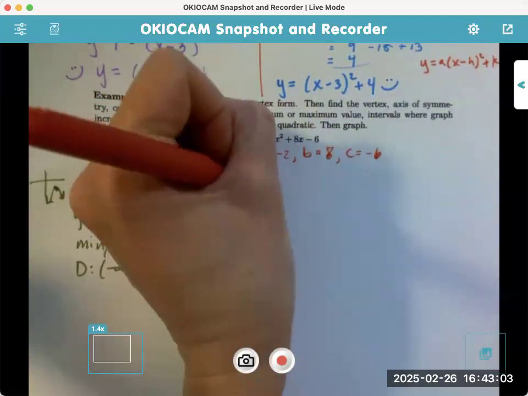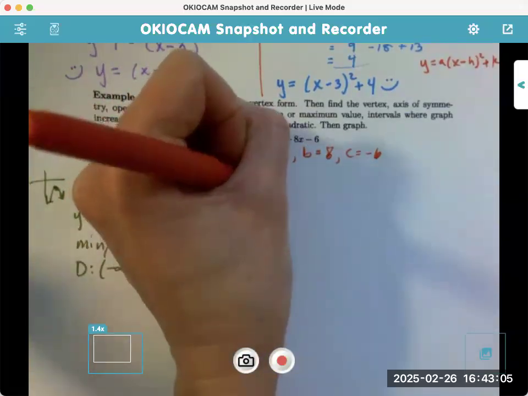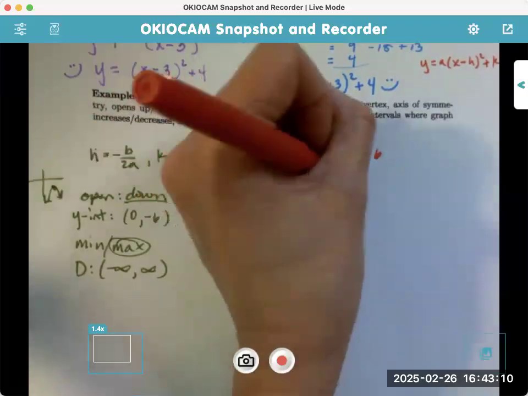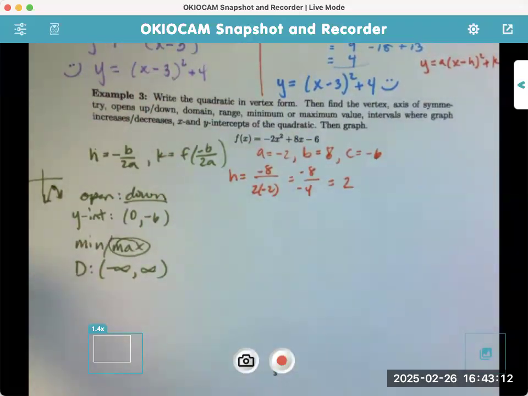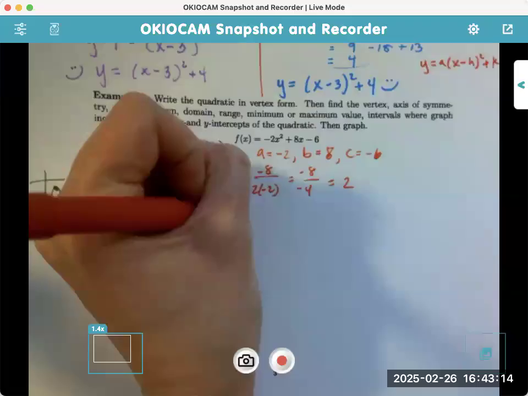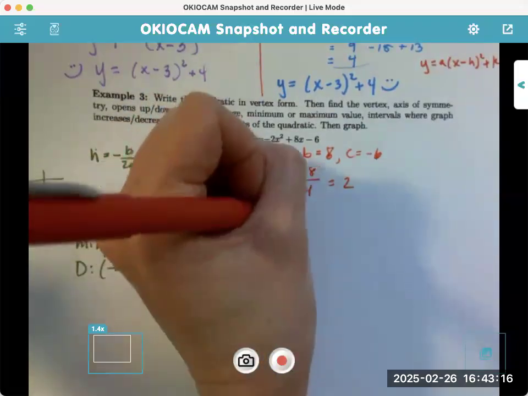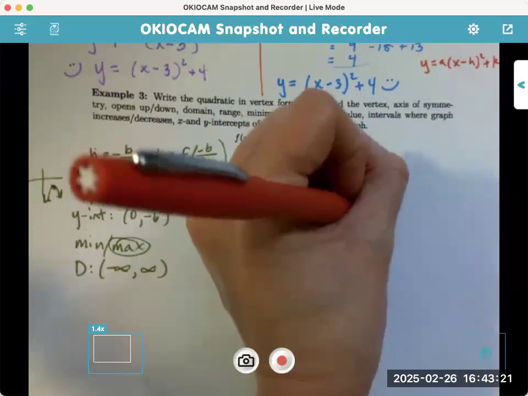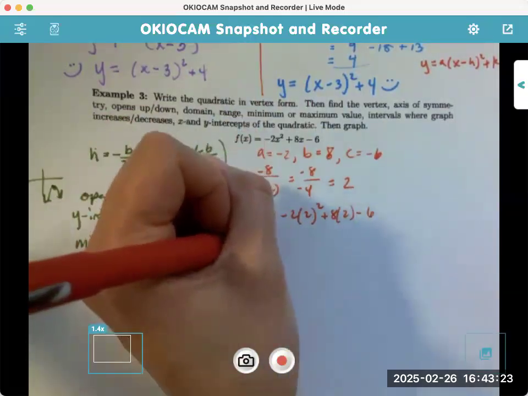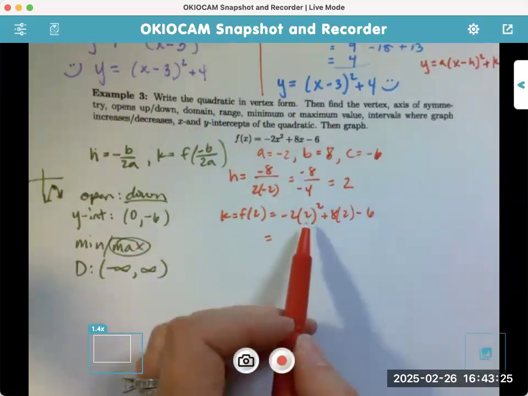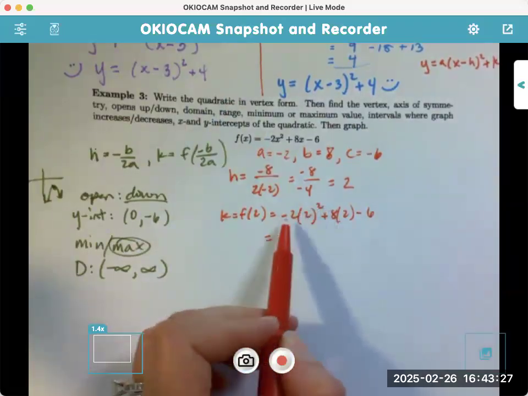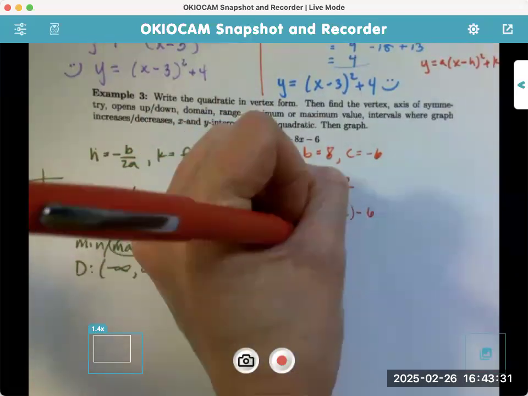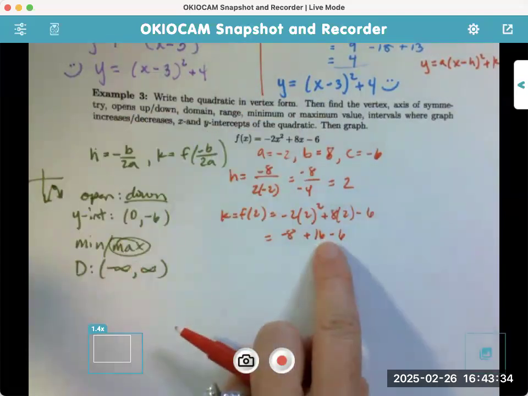That's negative 8 over 2 times negative 2, or negative 8 over negative 4, or just what? 2. So K is f of 2. So negative 2 times 2 squared plus 8 times 2 minus 6. Okay, mental math, we can do that. 2 squared is 4 times negative 2 is negative 8, plus 16 minus 6.